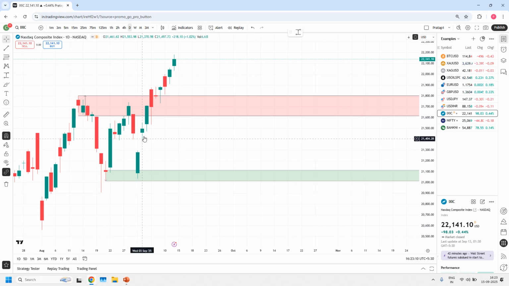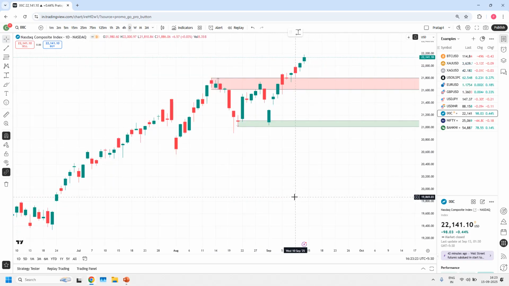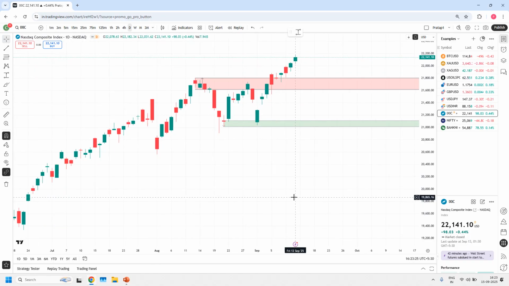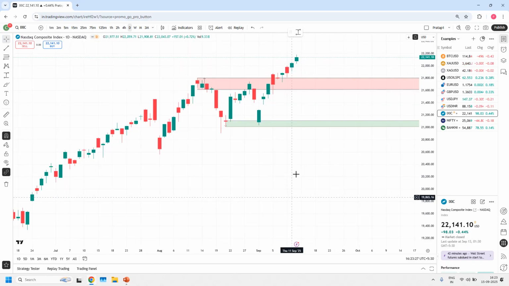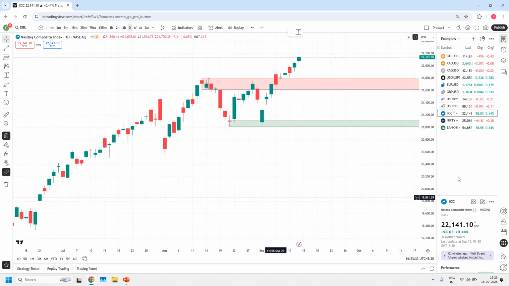But because it has strong institutional orders, it consumed all the orders in the supply. So that is a confirmation that it is a pro gap area, not a novice gap area. You got it? That's why we got good examples to learn pro and novice gaps from this NASDAQ.